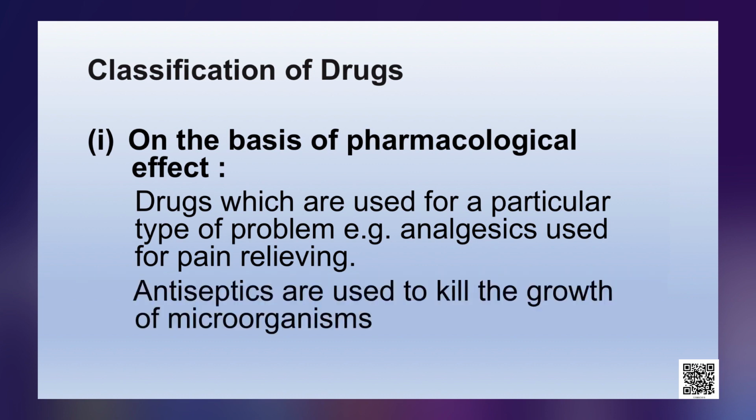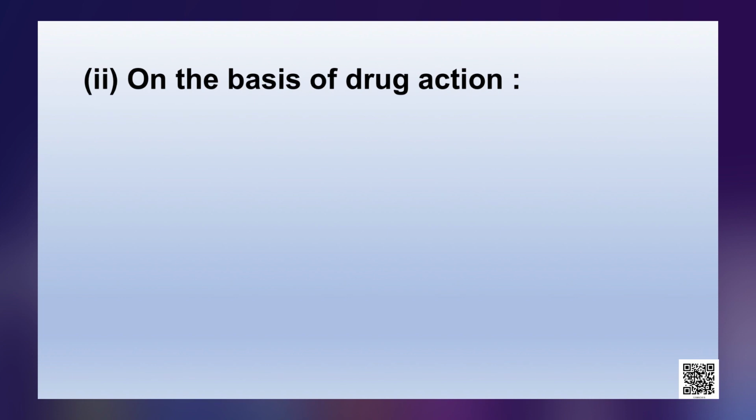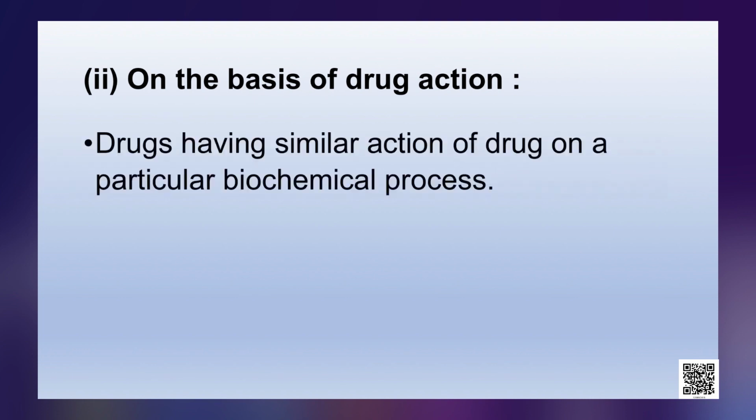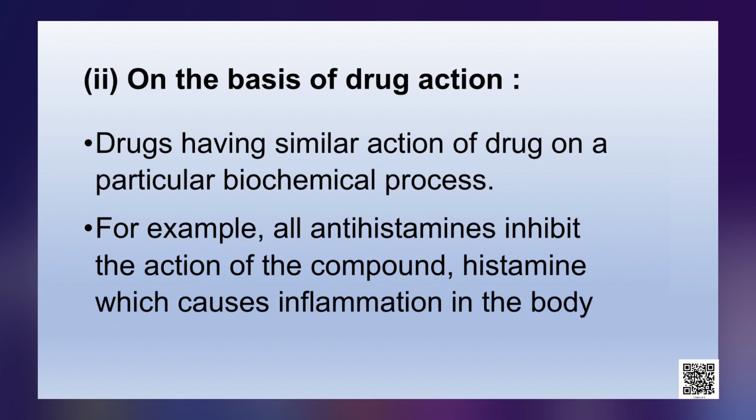Antiseptics are used to kill the growth of microorganisms. Second is on the basis of drug action. In this category, we have those drugs whose action is the same on a particular biological process. For example, all antihistamines inhibit the action of compound histamine, which causes inflammation in the body.